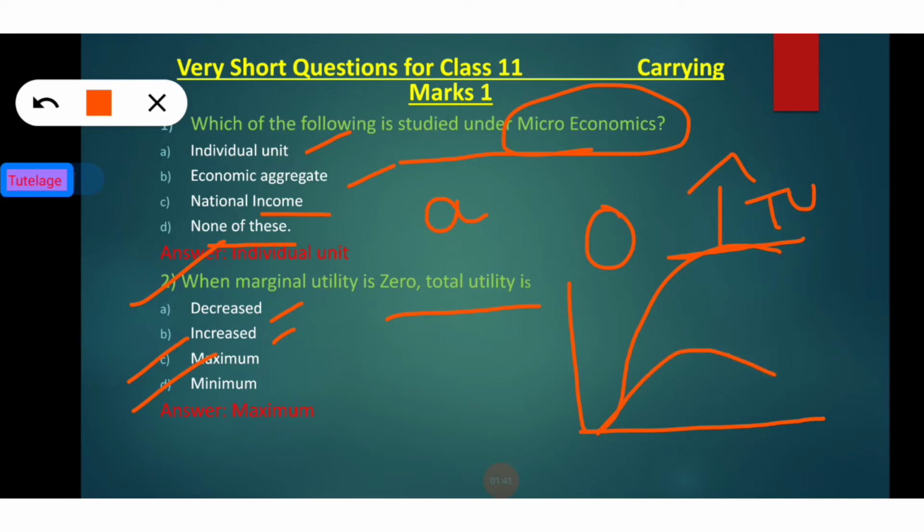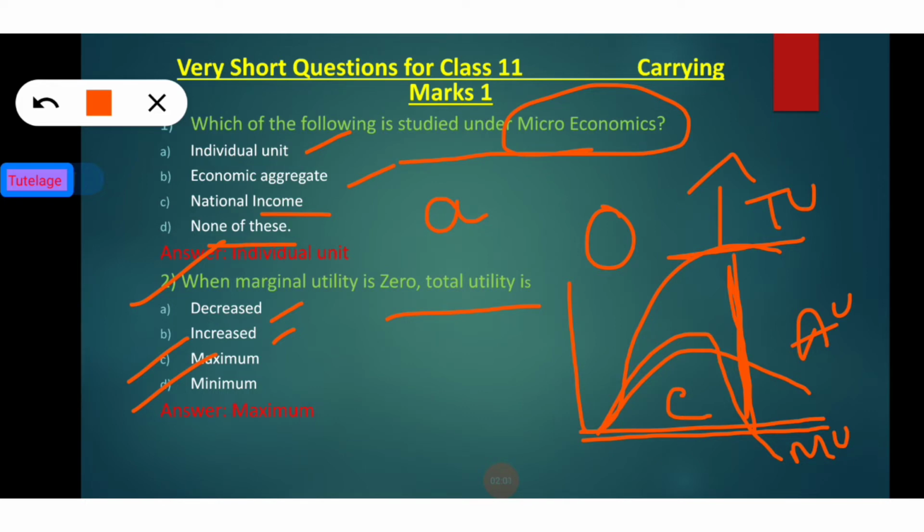This is the average utility and this is the marginal utility curve. At the point where the marginal utility curve touches the horizontal axis, point C, marginal utility is 0. When marginal utility is 0, total utility reaches its maximum point. So total utility is maximum, and option C is the correct answer.